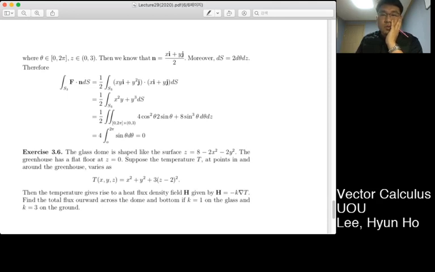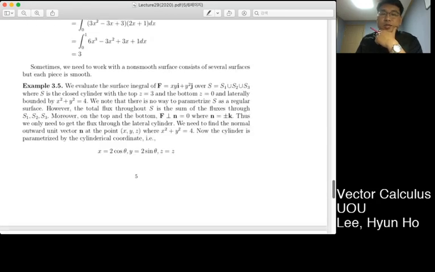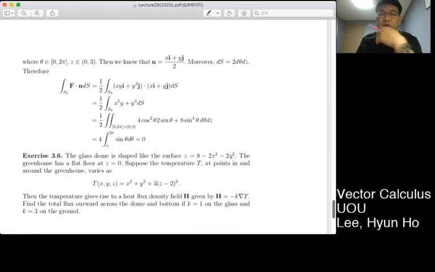And so if you compute this normal vector times f, we have x y i plus y squared j, dotted with x i plus y j and dS. Yes, so we have x squared y plus y squared, and dS. But if you think about cylindrical coordinates, instead of x and y, we just put in 2 cosine theta and 2 sine theta, and we have no z.